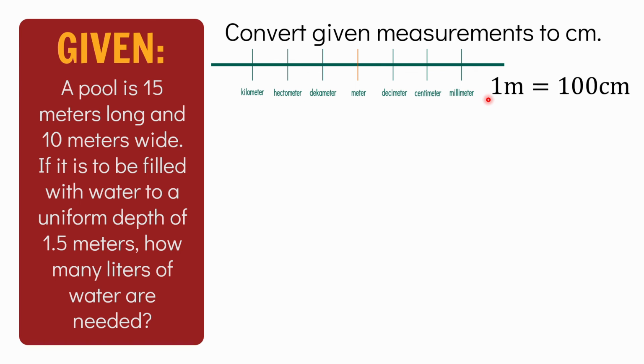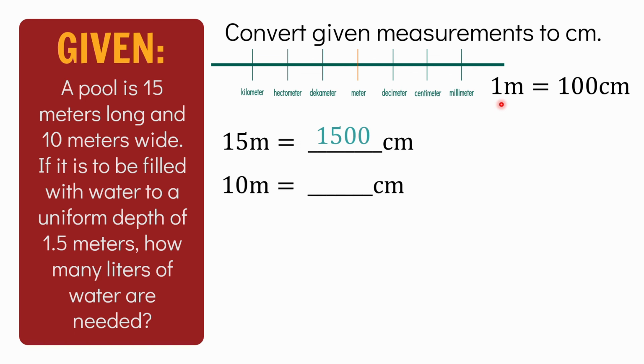Okay, so there are 100 centimeters in 1 meter. Now we will convert the given measurements. If we have 15 meters, we have 1,500 centimeters. If we have 10 meters, we will have 1,000 centimeters. And in 1.5 meters, we have 150 centimeters.